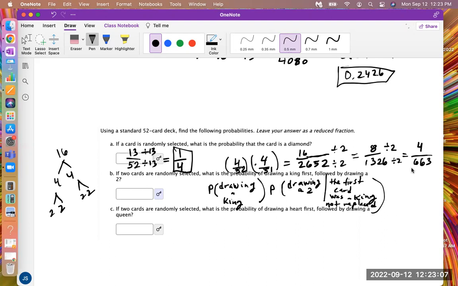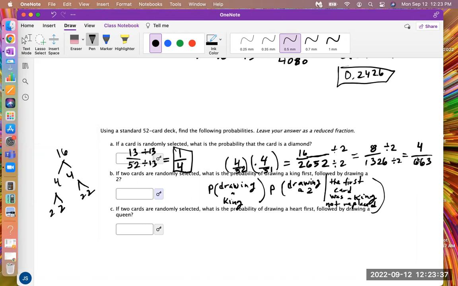So now the prime factor of 4 is just 2. All I have to check is whether 2 goes into the denominator. And it doesn't, because it ends in an odd number, 3. A number that's divisible by 2 will end in an even number: 2, 4, 6, 8, or 0.